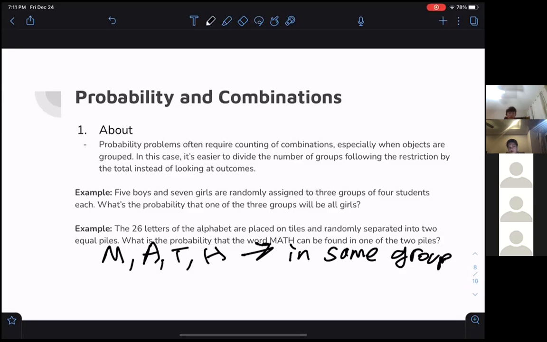So we want to find the probability that all of these tiles are in the same group. I'll give everybody a little bit to work on this. You might want a calculator to cancel out some numbers, but the answer should be a fraction whose denominator isn't too large in the end for this problem.